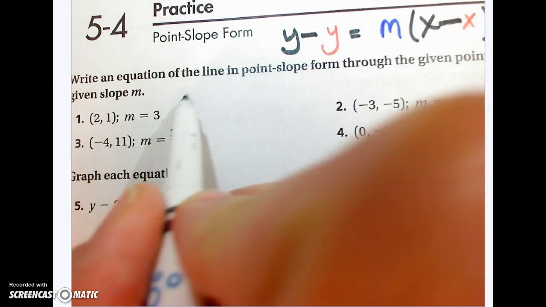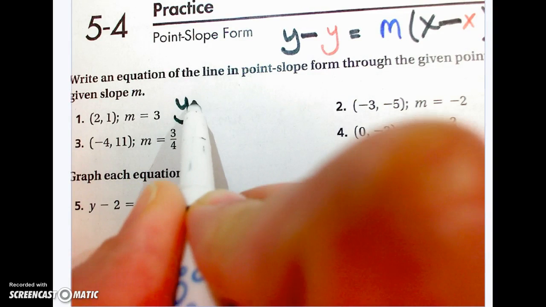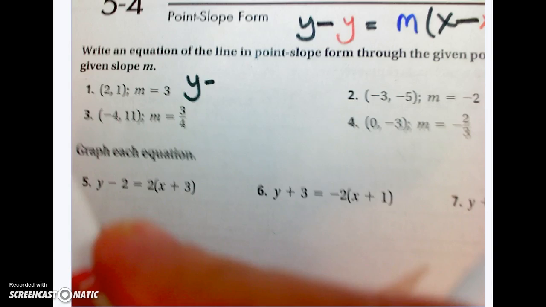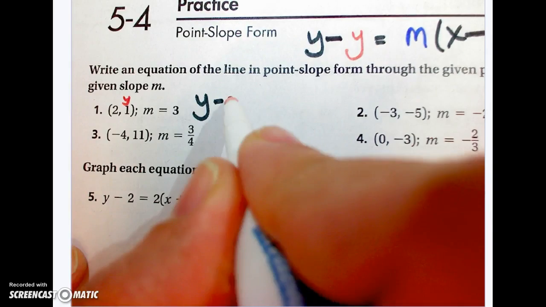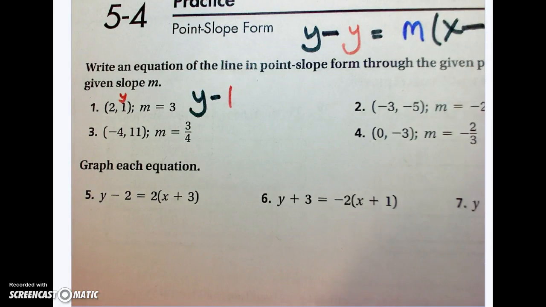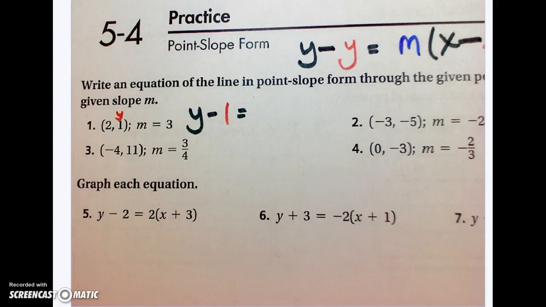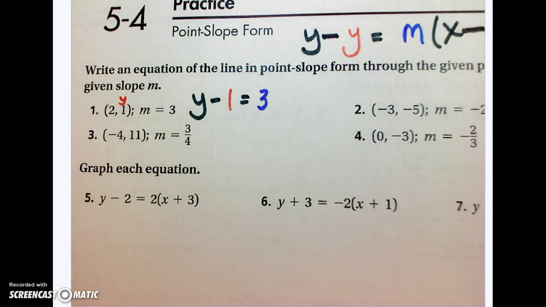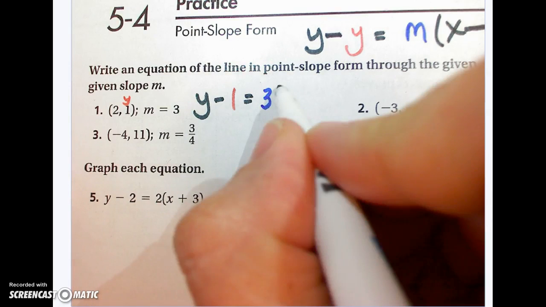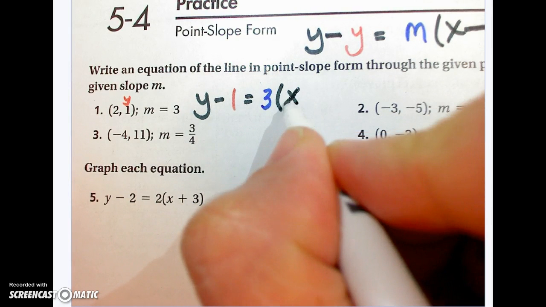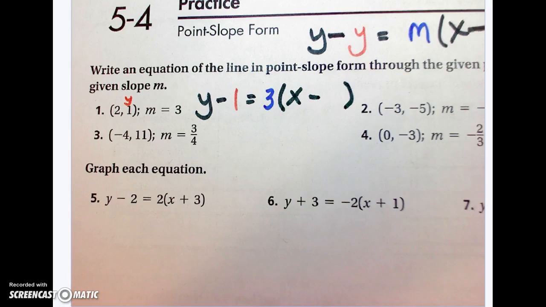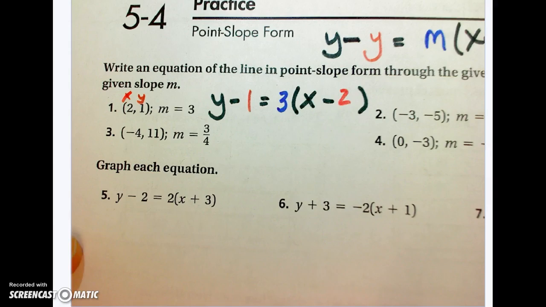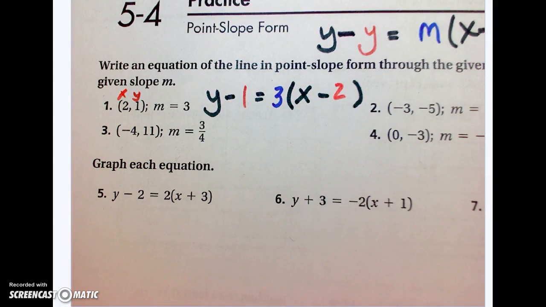So we're going to start out all of them with y minus, and the y in our point is a 1, equals our slope, multiplied to x minus, and then the x in our point. There's our equation in point slope form.